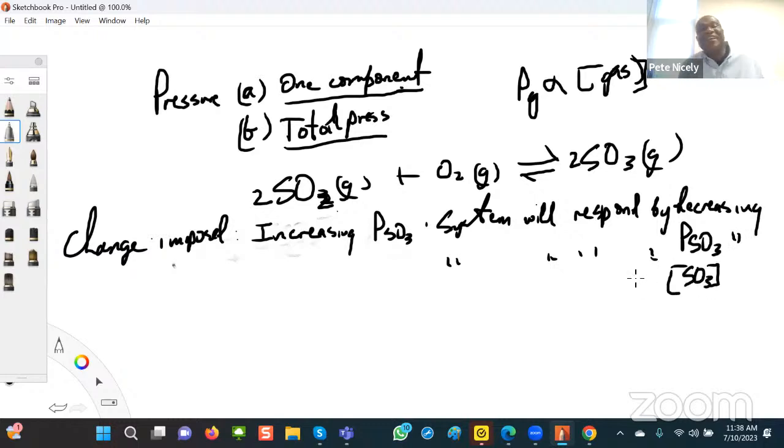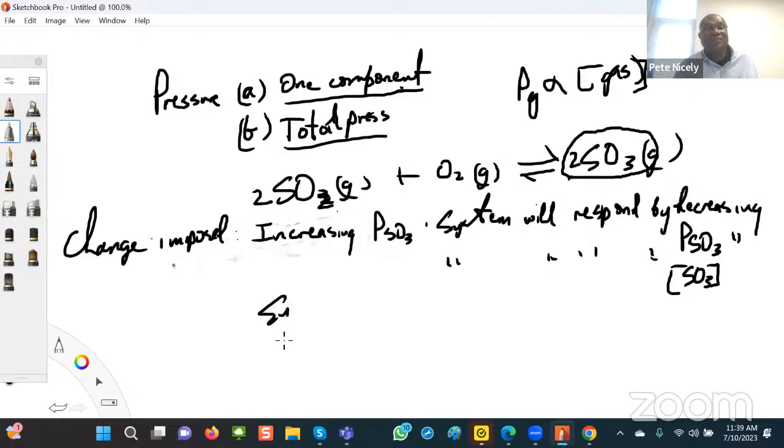Now, based on what we said earlier, if the concentration of SO3 is decreased, how will the system respond? Anybody? If the concentration of SO3 is decreasing, how will the system do that? That's a better question to ask. By shifting to the left. Exactly.